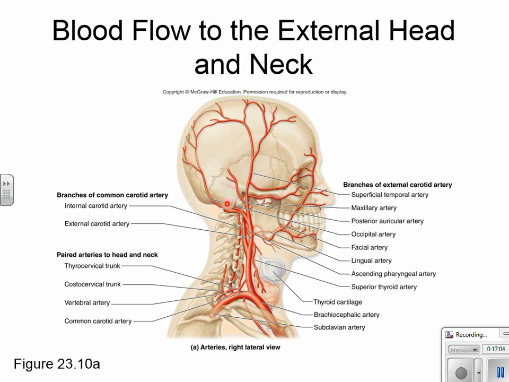This right side here supplies 10% of the brain. The carotid, which is here on this right side, would be 40% of the cranial circulation. So that would add up to 50% for this side. So really, what's going into the brain is coming from the carotid and the vertebral artery.